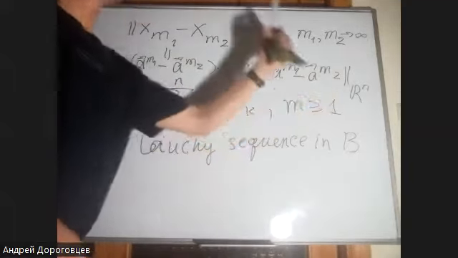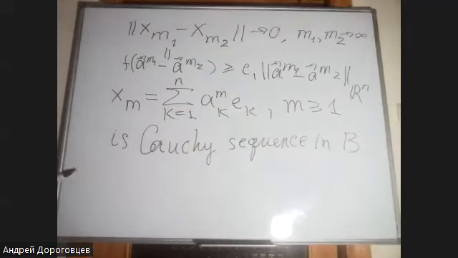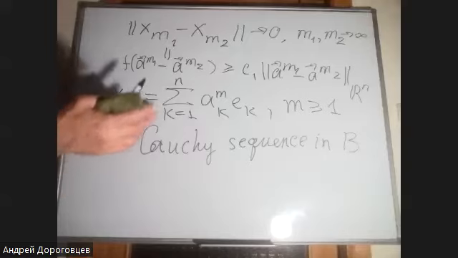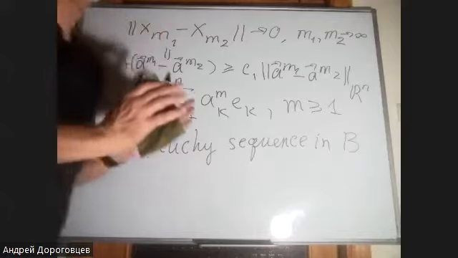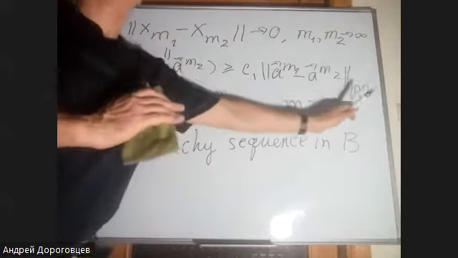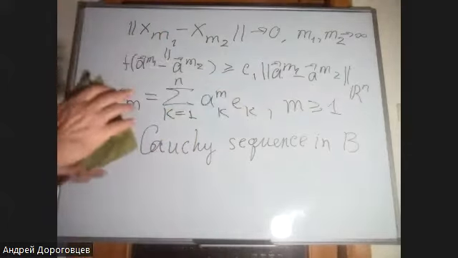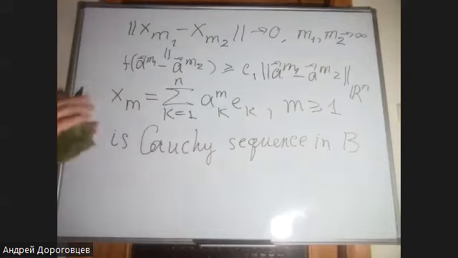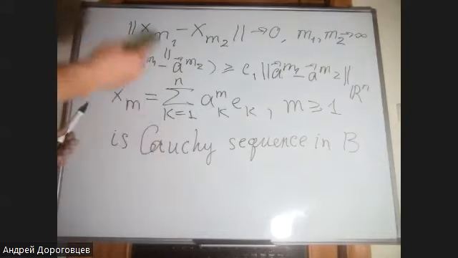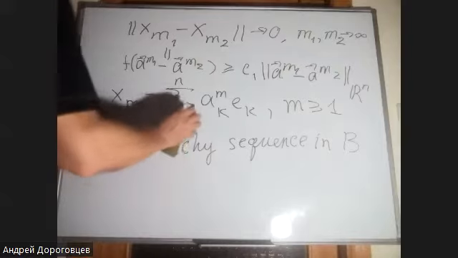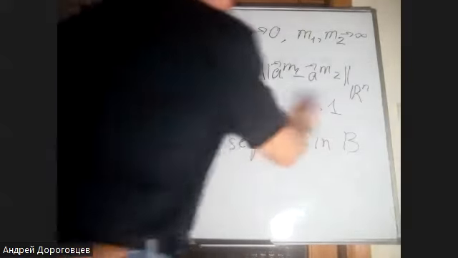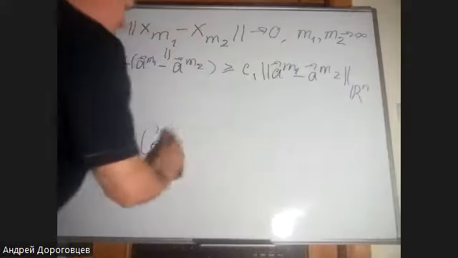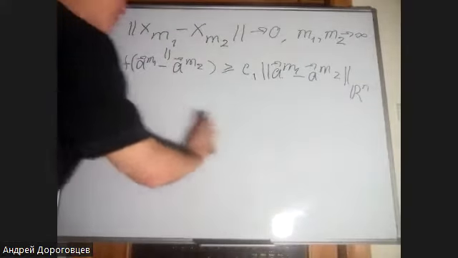And we understand that this sequence of coefficients is also a Cauchy sequence, but in our space R^n. Now we have a finite dimensional Euclidean space, and we know a lot of things about it. In particular, we know that it is complete, so there is a limit of this sequence. Let's denote this limit by a.